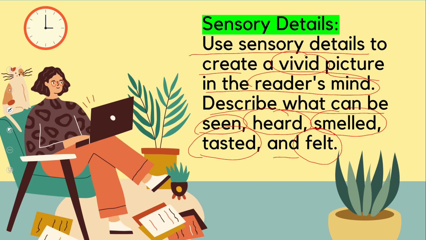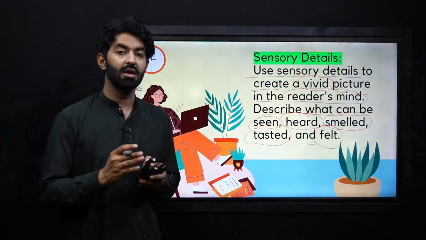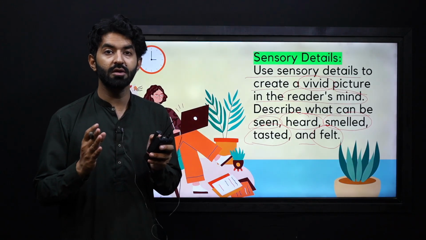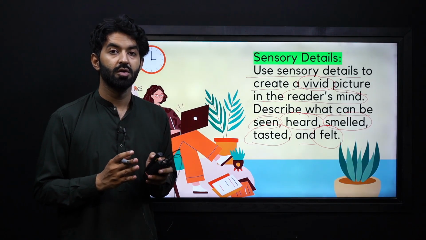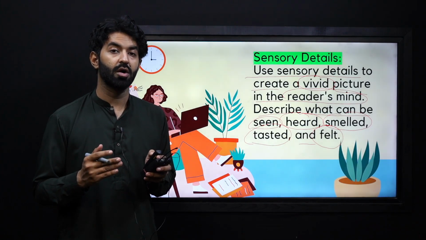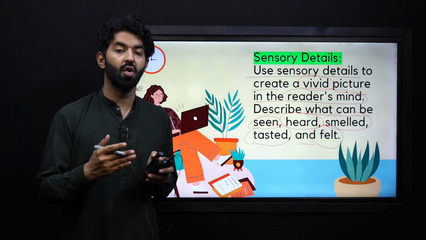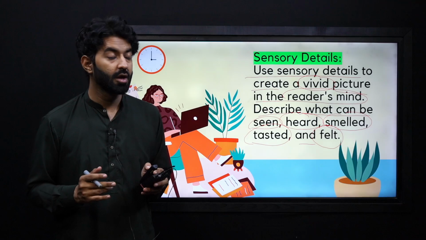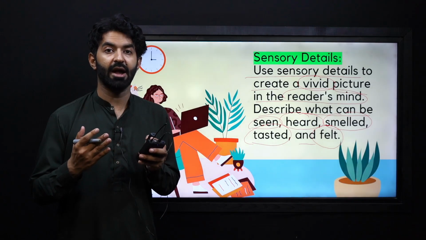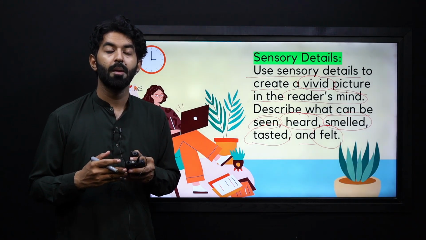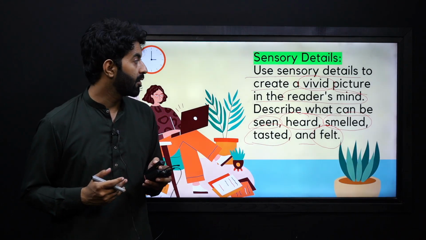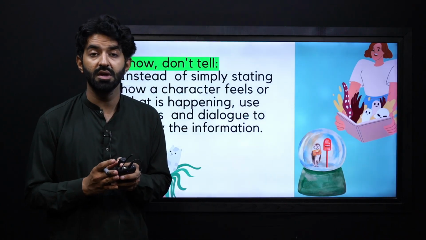In sensory details, you will be hitting all the different senses mentioned here for the reader to actually experience the description of the thing, place, or anything that you are mentioning. So this is why we use vivid language which is very open and describes anything in detail.